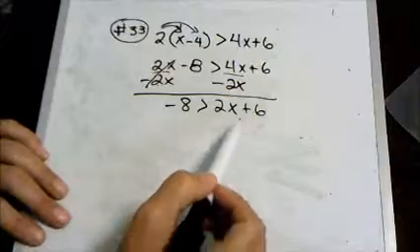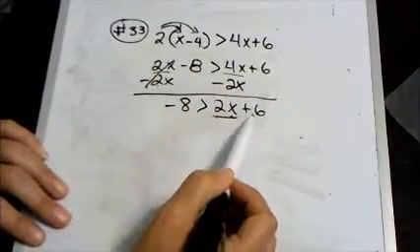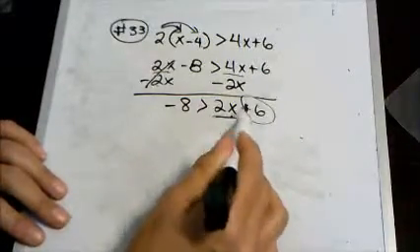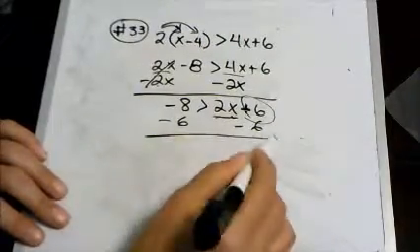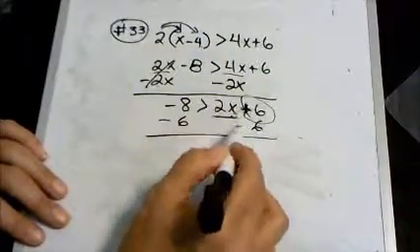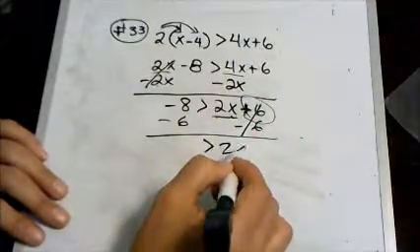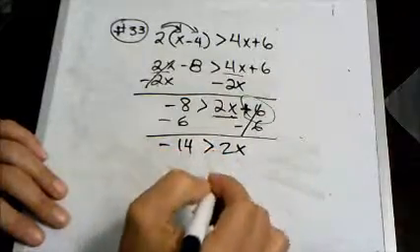Okay, now we have this 2x here, which is good. We have an x. But we need to get rid of this and put it on the other side. Since this is a positive 6, you take away 6 here. A plus and a minus of the same number make 0, so those cancel out. Negative 8, negative 6, negative 14 is what that equals.